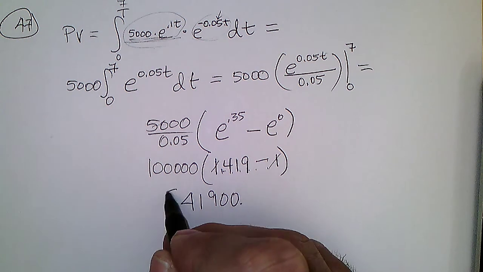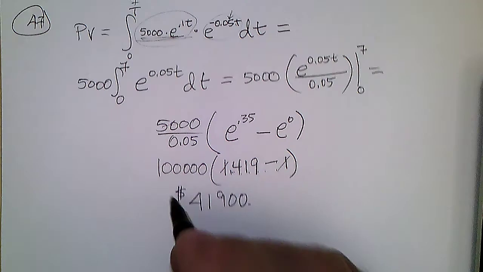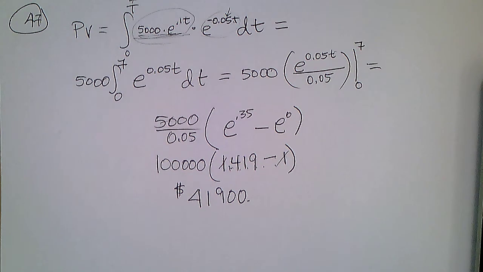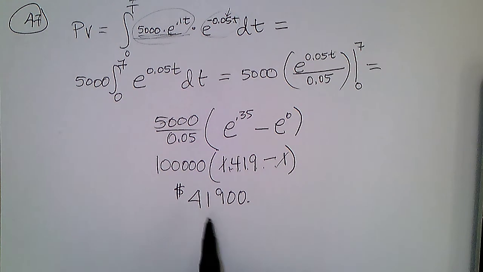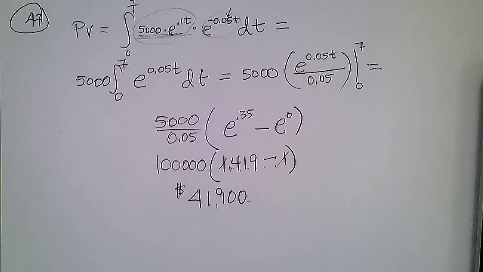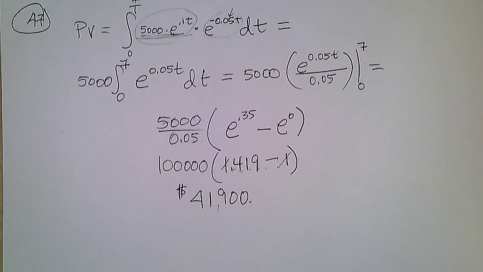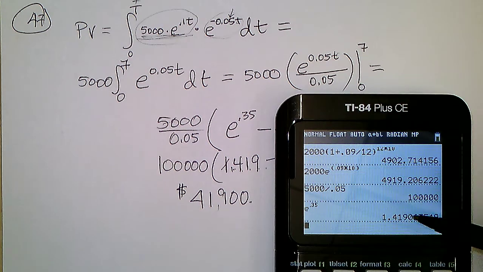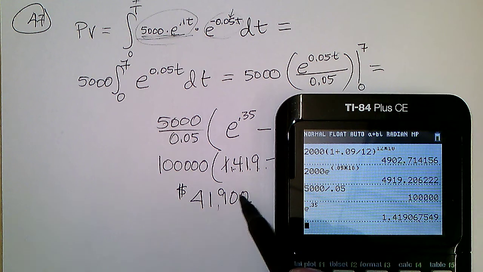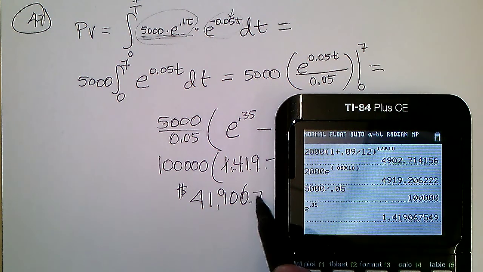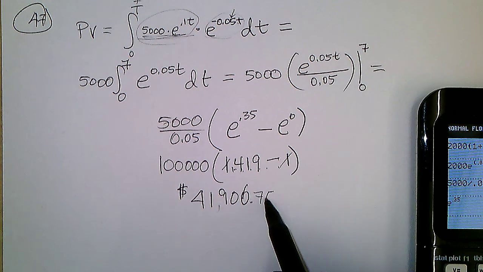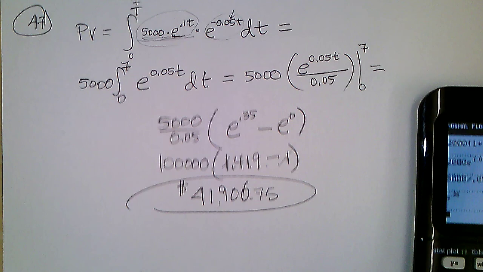And that is the present value. Okay. So the value down the line is going to be worth $41,000 today and $900. They actually have, if I keep a few more decimal places, 90675, and I think that's what they have in the back of the book. Not rounding it off.